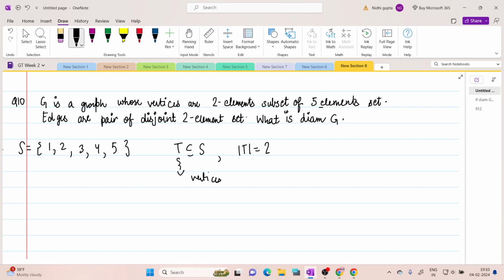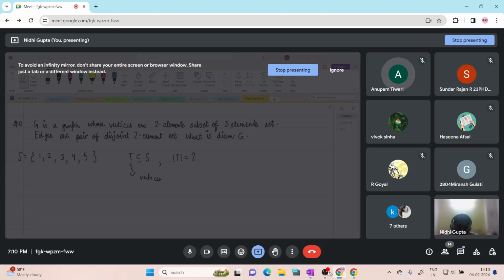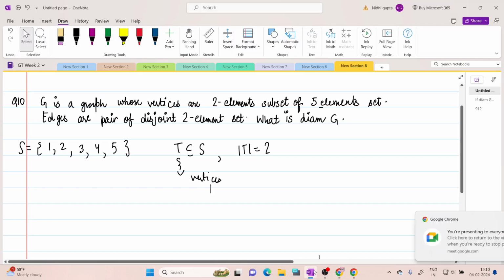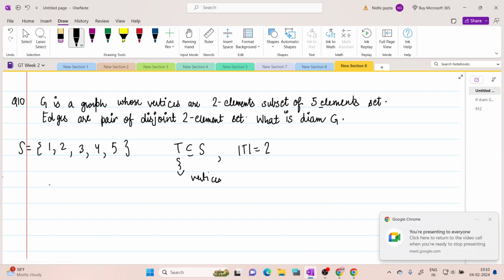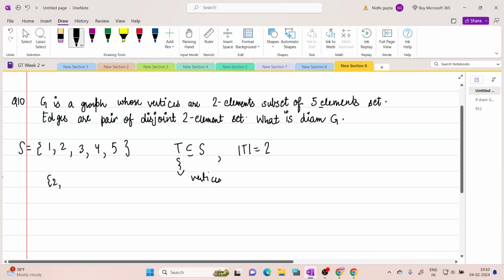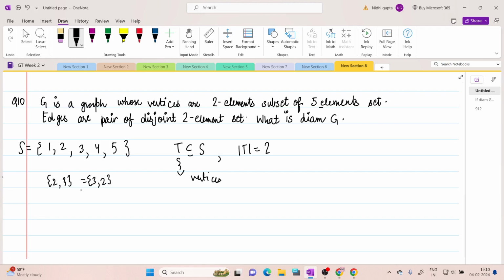So how many vertices does this graph have? 5C2, because order won't matter here. 2, 3 is the same as 3, 2. So basically 5C2 vertices, which is 10. So now the number of vertices is 10.